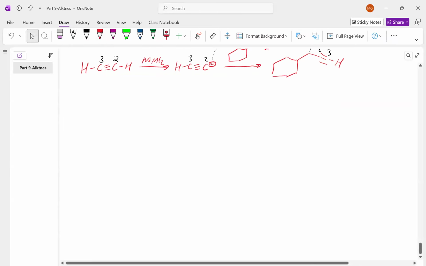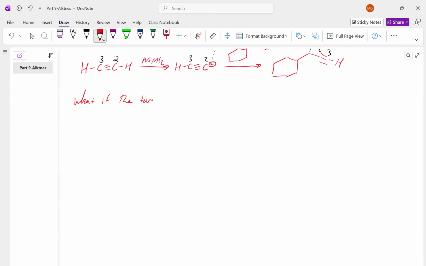So I'm not even like bridging particular units. Now, what if the target has less carbons? Again, we only know one way to do this. That's oxidative cleavage, otherwise known as ozonolysis.